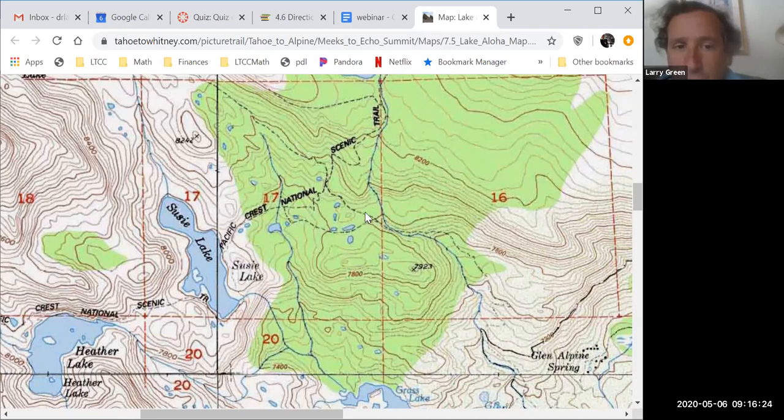Are they going to land on the trail? Are they going to land off the trail? Where are they going to go? And in road work, you really care about that because it could kill someone. Trail work, usually that doesn't happen.